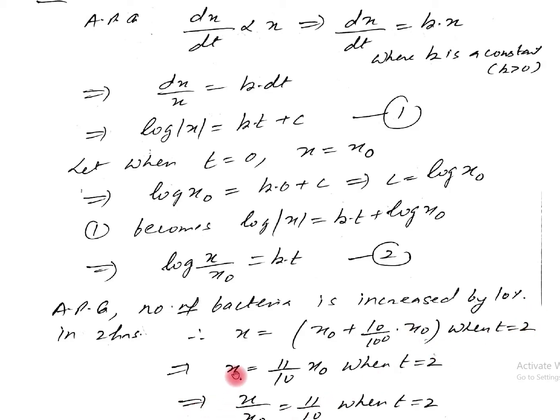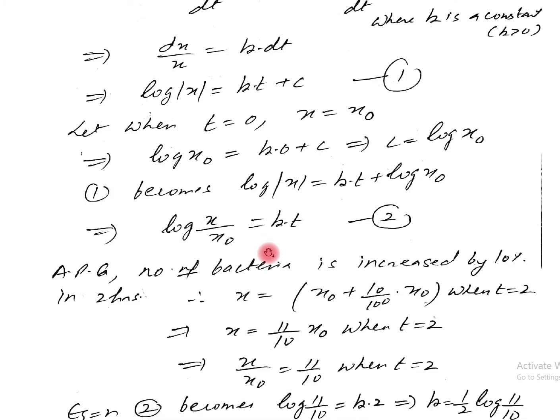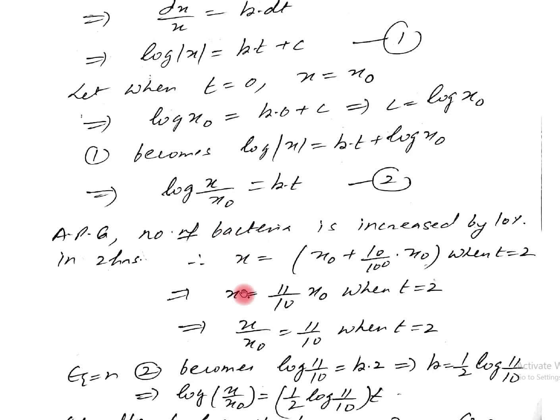This implies x equals, solving this expression, 11 by 10 x naught when t equals 2. Then again this implies x upon x naught equals 11 by 10 when t equals 2. Now putting the value of x upon x naught equal to 11 by 10 in equation 2, log of 11 by 10 is equal to k into 2.